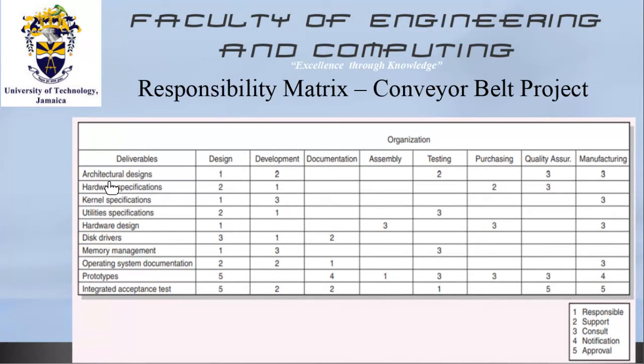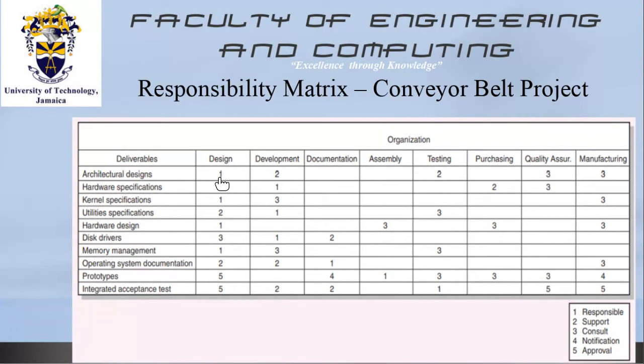So we have a number of deliverables on this project. Architectural design, hardware specification, kernel specification, utility specification, hardware design, disk drivers, memory management, operating system documentation, prototypes, integrated acceptance test at the end of the project.